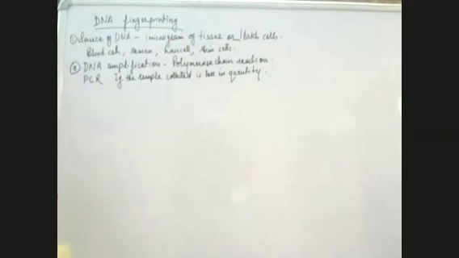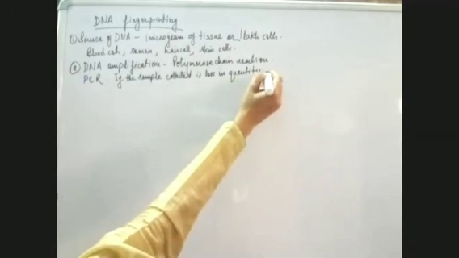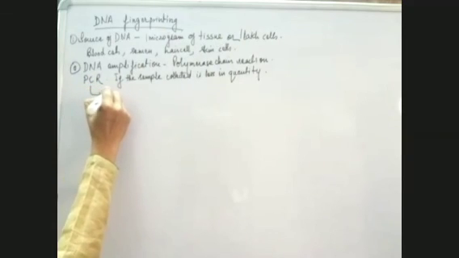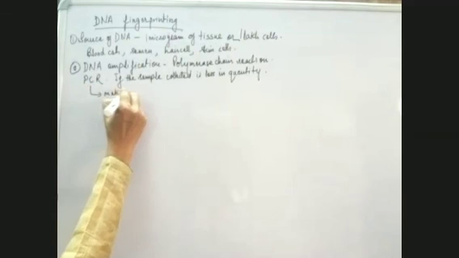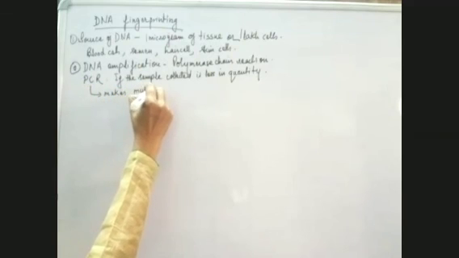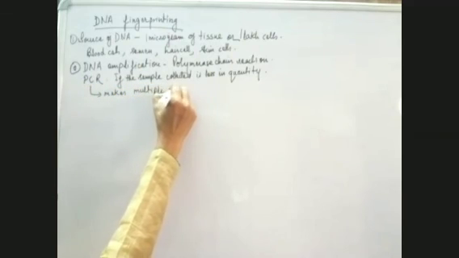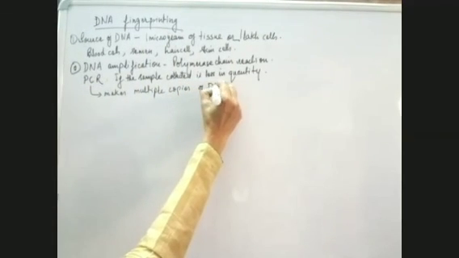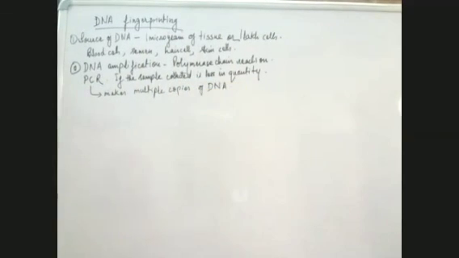To increase the amount, to make many copies. PCR makes multiple copies of DNA. So multiple copies of DNA are obtained if the sample collected is insufficient in amount. So this is done by DNA amplification by the PCR technique.